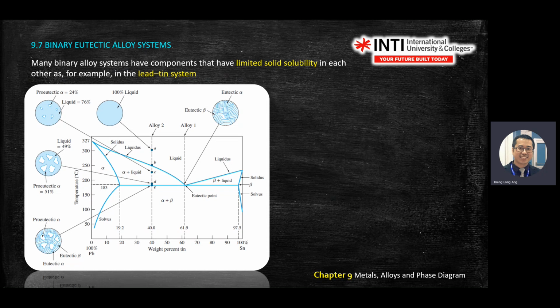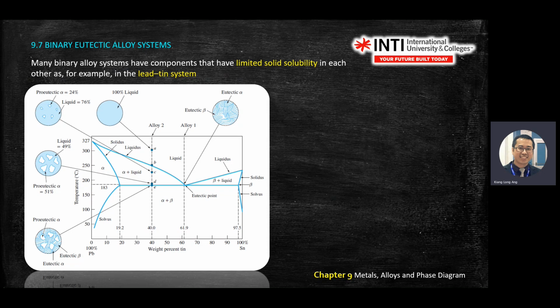This top layer is liquid, and as you go down, as you cool down the metals, you get more solid, right? Alpha means solid. Here is a mixture of alpha and beta. Here is beta plus liquid, alpha plus liquid, and so on.